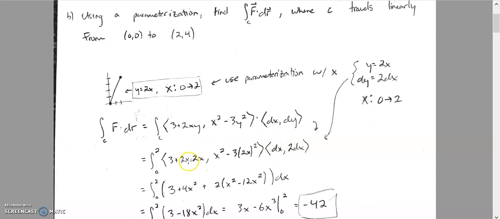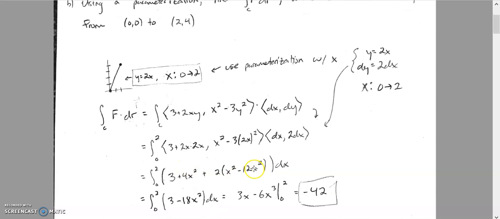That got multiplied by the dx. And then I took the 2 here and multiplied it by this whole term. So that's this 2. X squared is the x squared. This mess turned to a minus 12x squared because it was 4, because that got squared, times negative 3. So I get this. And then the dx just stays on the outside of the dot product.